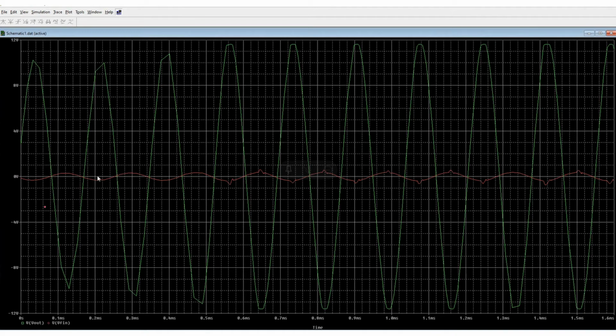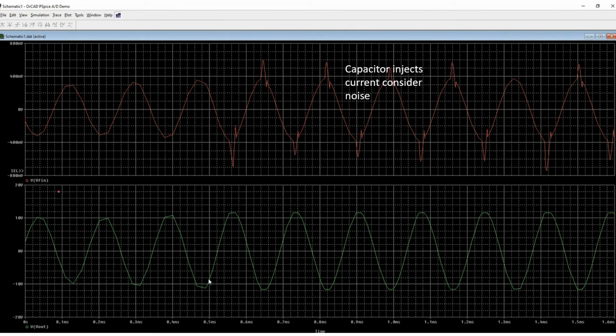So this will be your expected result. The red one is the input, and the green one is the output. If you can see, the phase shift is different. It's a 180-degree phase shift. The phase is shifted. If you want to see a better measurement, this is also the input and this is the output. You can see that one is negative, one is positive, the phase.